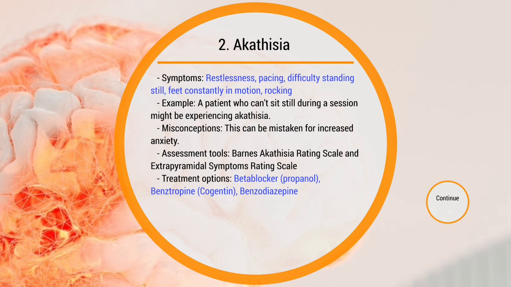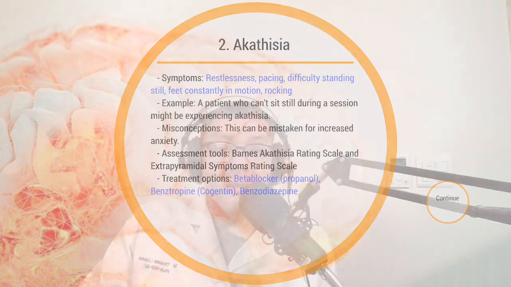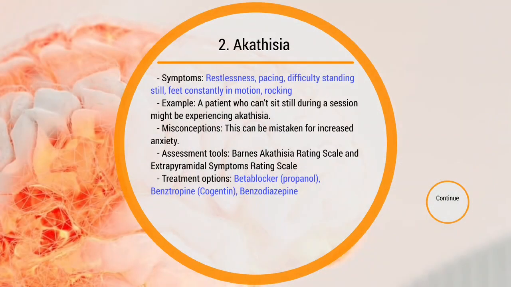Now, if acute dystonia is kind of like having those grimace facial features, akathisia, on the other hand, is someone that is restless. They are pacing back and forth. They are in a chair, moving. They just seem very anxious, moving all the time, pacing, with difficulty standing still.